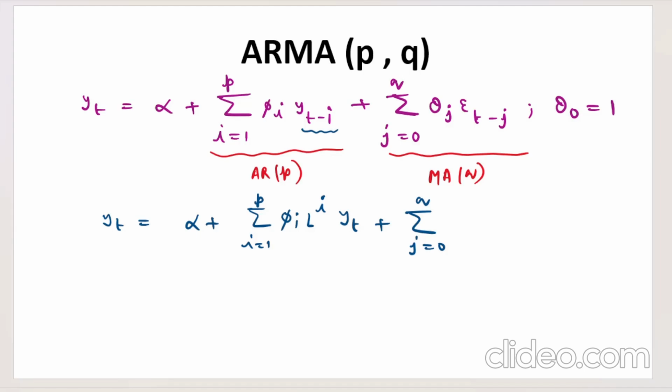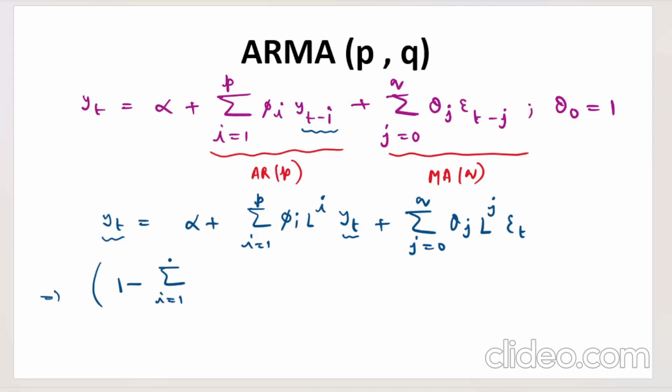If you haven't seen my previous videos, I will give the link in the description so you can check that out so that it becomes clear. So this is what we have. And now here you have Yt and here also you have Yt. So if you take Yt common and take this expression to the left hand side, what will you get?